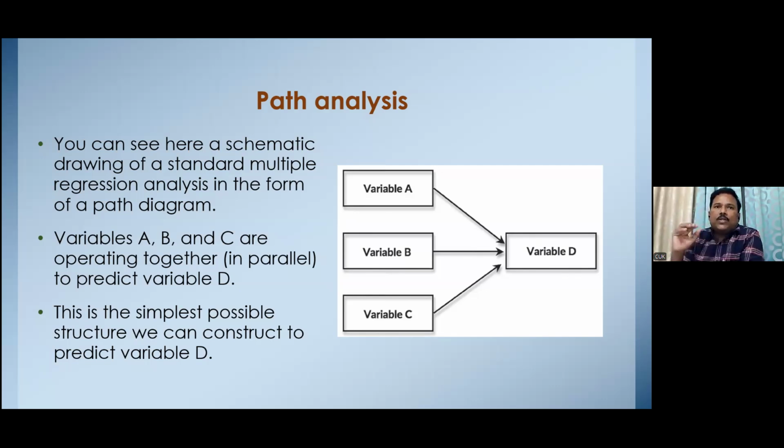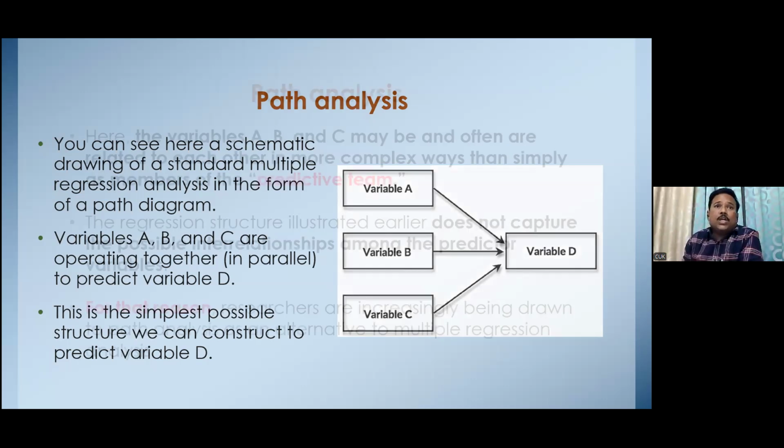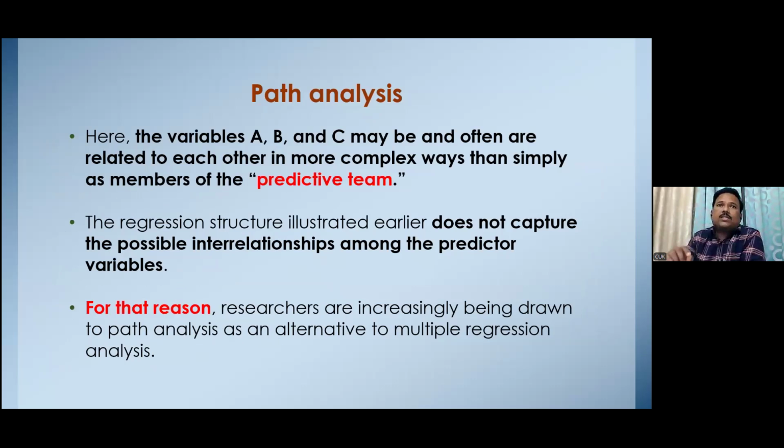But here, when you are dealing with all the variables parallelly, simultaneously, we call it standard multiple linear regression. This particular graph shows that all those variables, variable A to C, are simultaneously working in order to predict the variable D. Here the variables A, B, and C are often related to each other in a more complex way than simply as members of the predictive set.